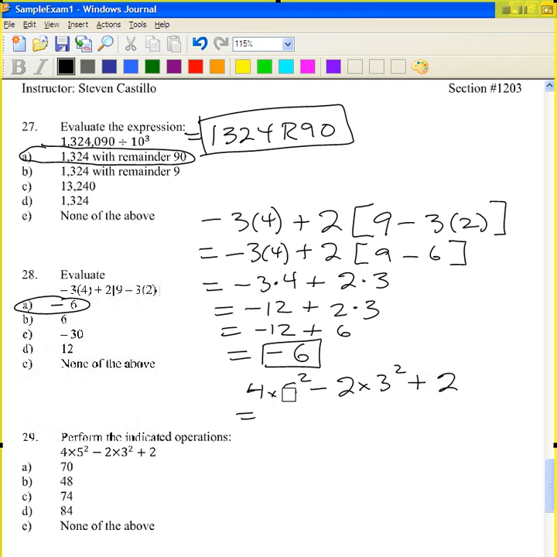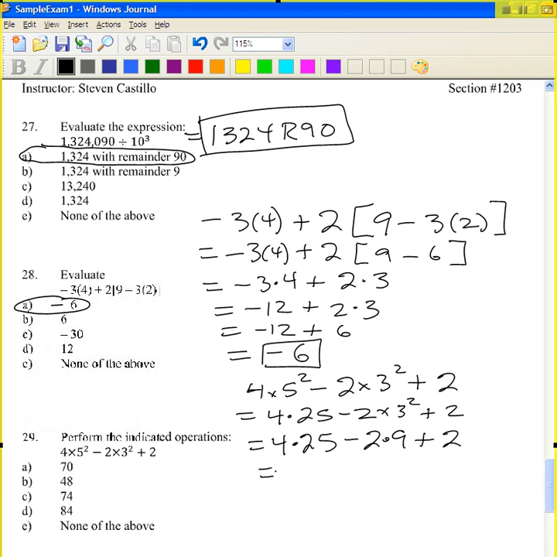Well, I have a tie, and so I go from left to right. So 5 squared is 25. Again, I have multiplication, subtraction, multiplication, exponentiation, addition. So I do the exponentiation first. 4 times 25 minus, well, 3 squared is 9.